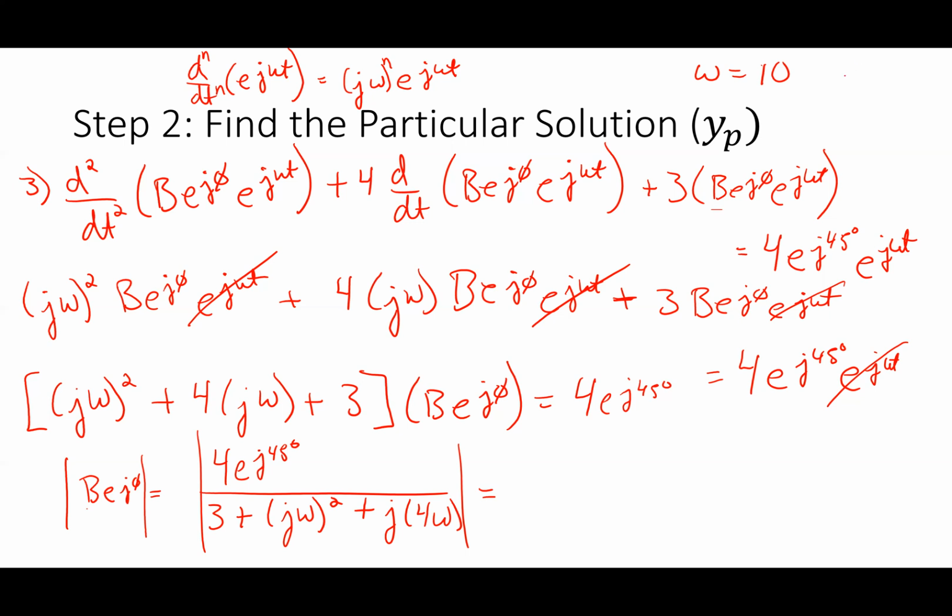If I have a divided by b, both complex, what's the magnitude of that equal to? The magnitude of a divided by b is the same as what?